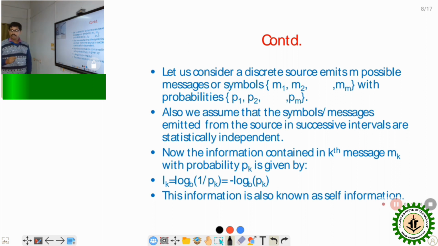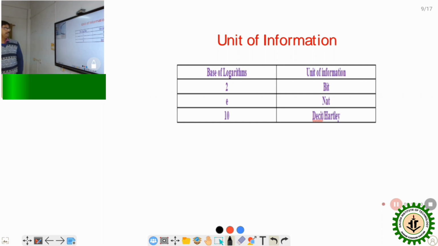This base b is very important, because based on b we find the unit of self information. If the base is 2, the unit of information is the bit; if the base is natural e, the unit is the nat; and if the base is 10, the unit is the decit or Hartley.